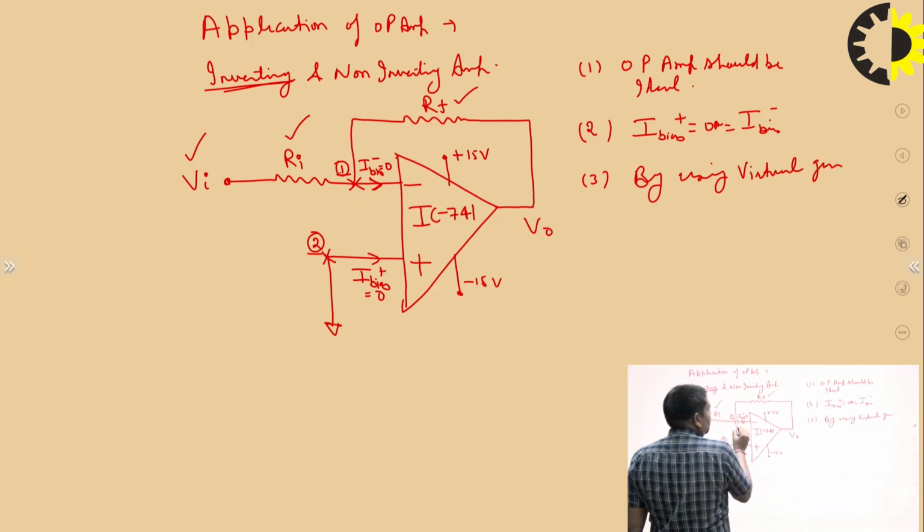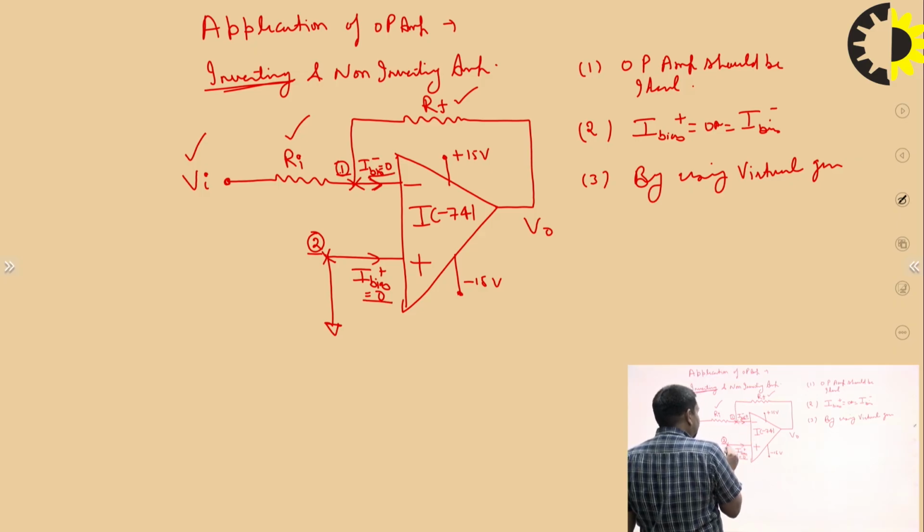This terminal is not connected directly to the ground, but the current entering the IC 741 should be 0. So the potential at node 2 is equal to the potential at node 1.